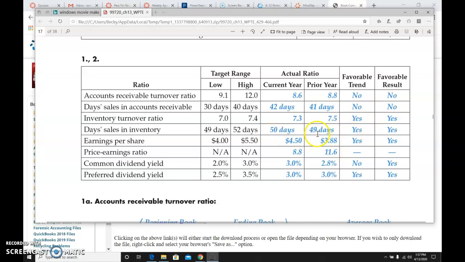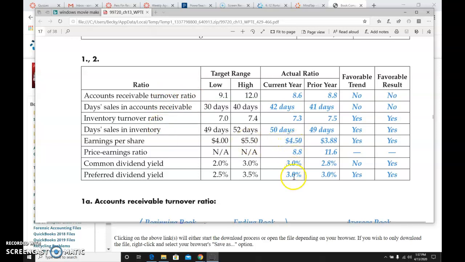And then days' sales in inventory, I'm in the same boat; that to me ought to be no, not a favorable trend because it's going up, meaning it's taking more days. But they put yes, so go with that. And then favorable result, yes, because we're at 50 days and that's in the range that we wanted. So that's all of your first four efficiency calculations and ratios.